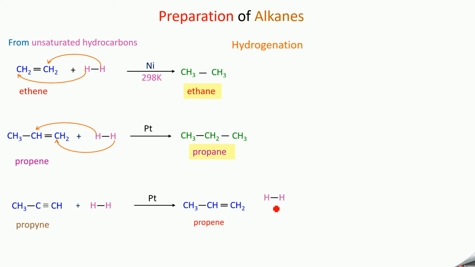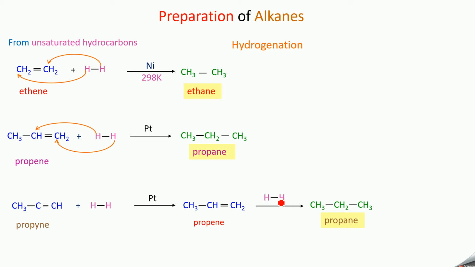Next you add one more hydrogen. This hydrogen gets added at this carbon, because this carbon is attached to a double bond, so you are getting CH3 CH2. Now this double bond will become a single bond, and this hydrogen gets added to this carbon, so you are getting CH3. So we are getting propane.